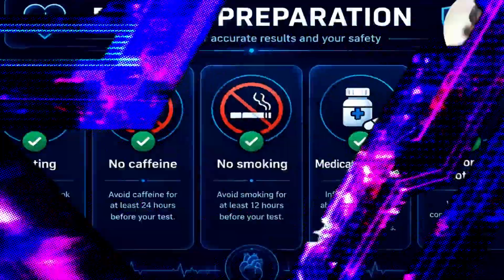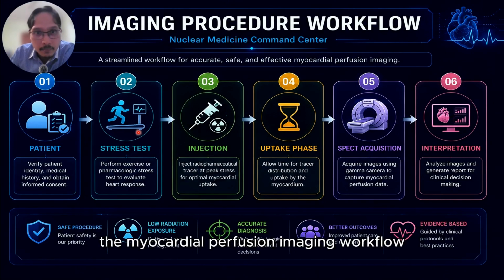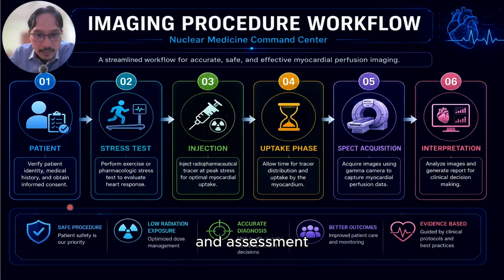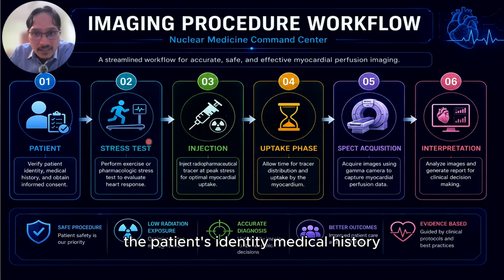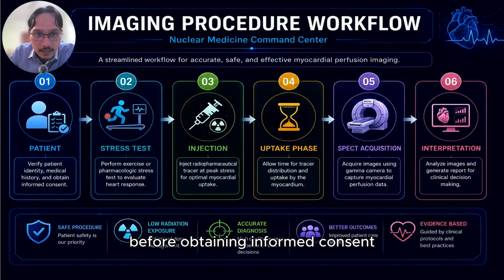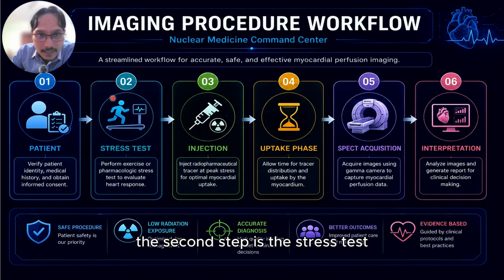Next, I will explain the myocardial perfusion imaging workflow. The procedure begins with the patient preparation and assessment. The patient's identity, medical history, and eligibility for the examination are verified before obtaining informed consent. The second step is the stress test.